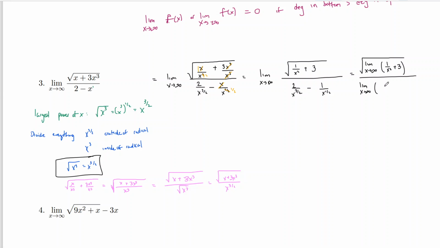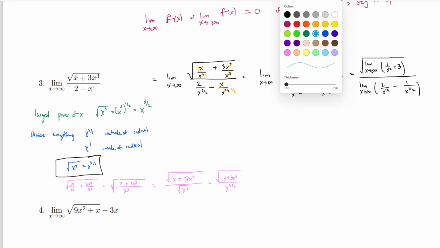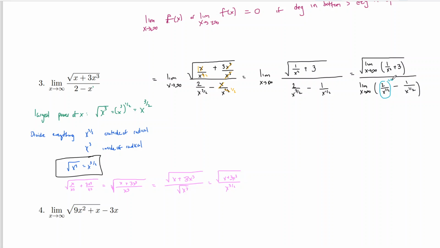We do it to the bottom: 2 over x to the 3/2 minus 1 over x to the 1/2. And now, just like we were saying before, this is 0 because x is in the denominator. This is 0 because x is in the denominator. And also, this is 0 because x is in the denominator, even though it's in a square root.